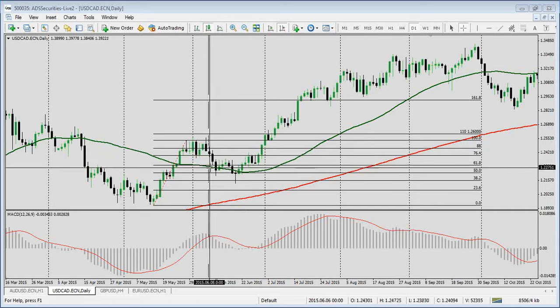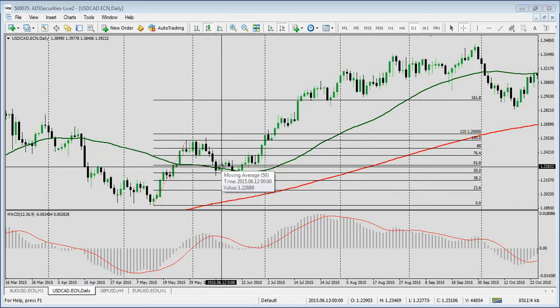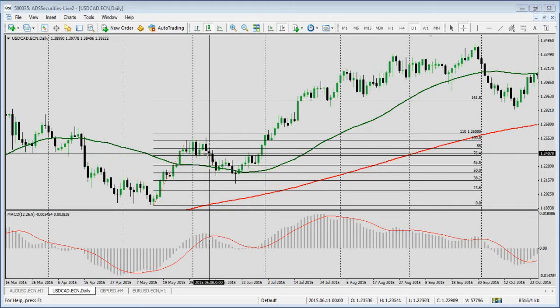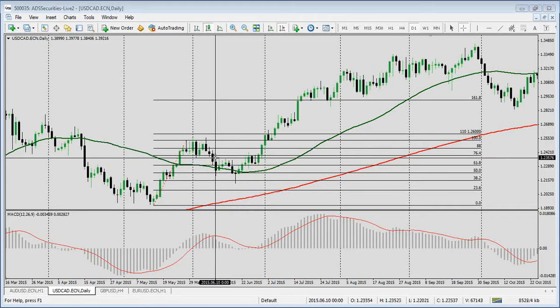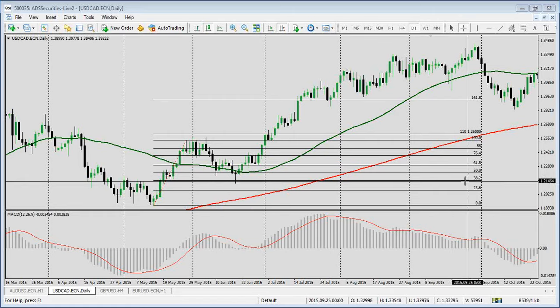So we can look for shorting to 61.8 whenever we get the opportunity, just like over here, a break below. We short it to 61.8, and the next entry, we short it to 38.2%, just like we discussed. And only from 38.2, whenever that happens, we look for longing once again.